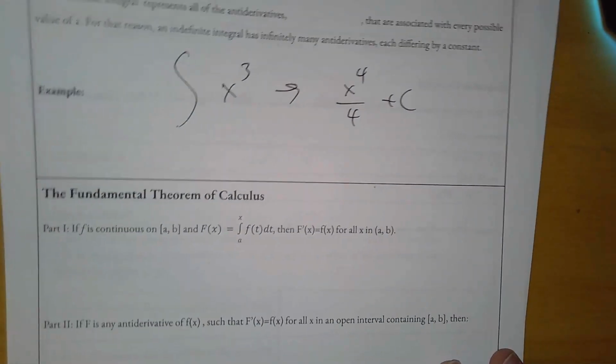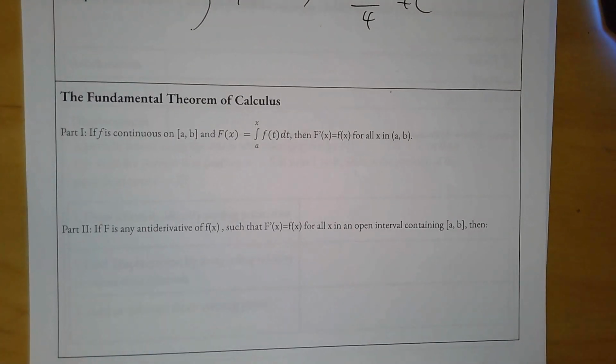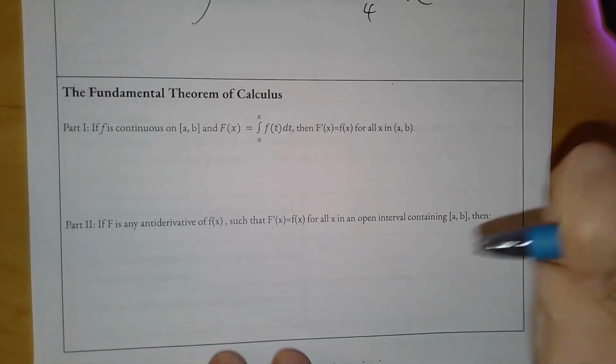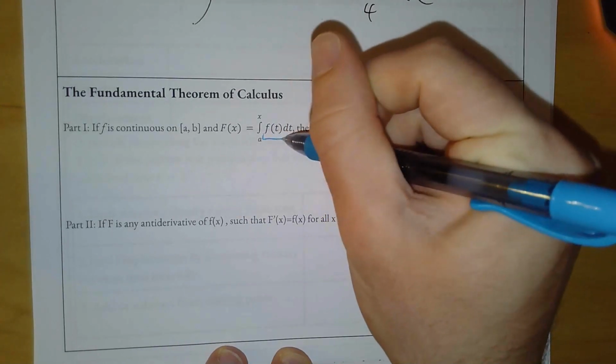Fundamental theorem of calculus. So this is what the unit's called. This is pretty important. The fundamental theorem of calculus says that if you have this antiderivative, this area function, from some constant a to x of f of t dt, then its derivative is equal to what you're integrating. The derivative of this is equal to this.